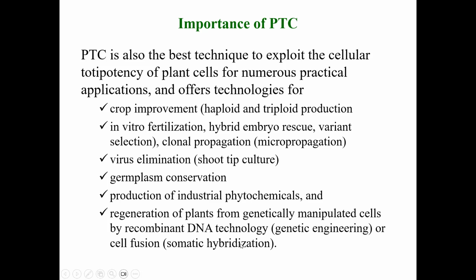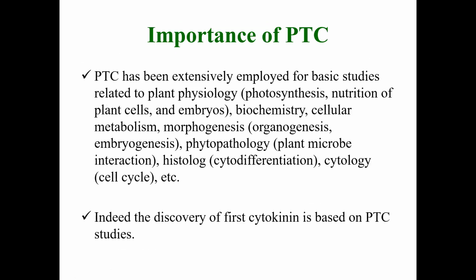Two cells can be fused, and recombinant DNA technology I discussed in an earlier class. It is done at the cell level, and even genetic engineering and gene editing we do at the cell level. So in all cases, for crop improvement and advanced biotechnology, we need tissue culture. Tissue culture is a prerequisite in most cases.